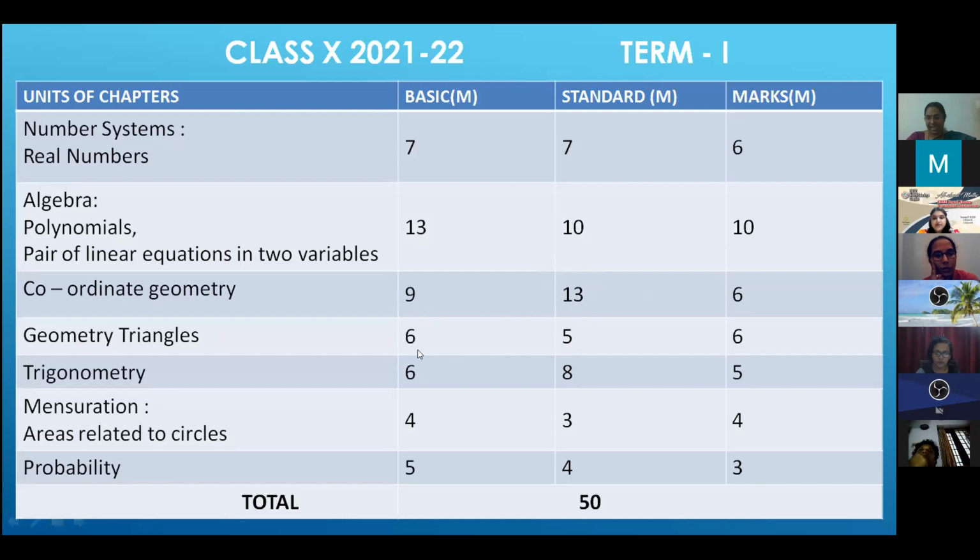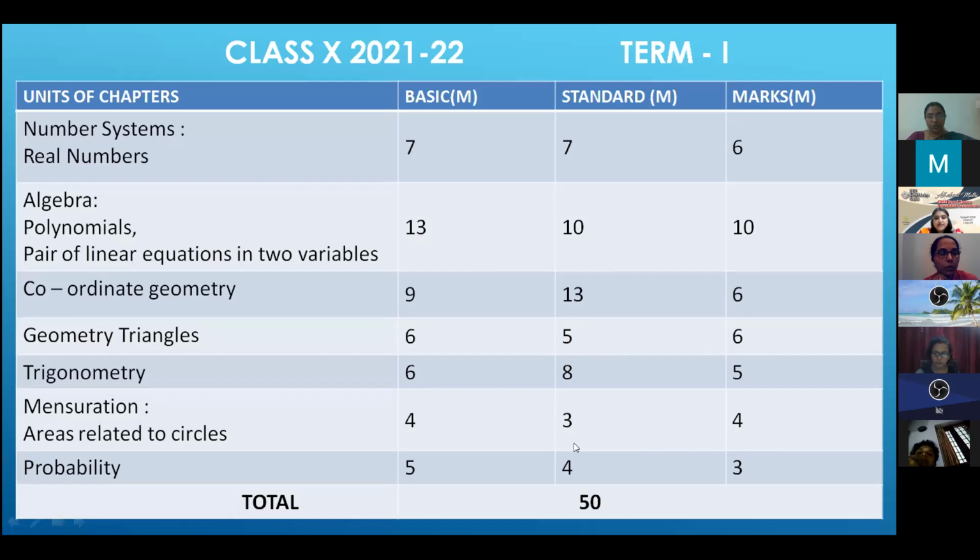Geometry, that is only triangles: 6 and 5, basic 6 and standard 5 marks, and total marks according to CBSE it is 6. Trigonometry, 6 marks in basic and 8 marks in standard, and according to CBSE it is 5. Areas related to circles, basic it is 4 and standard it is 3, and this is 4 marks according to CBSE.